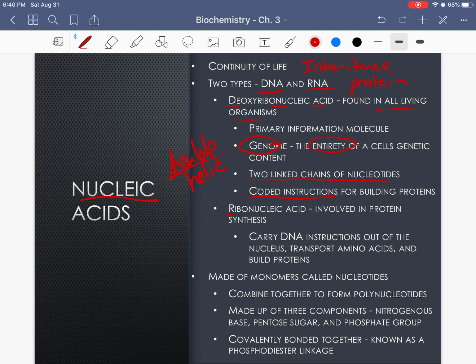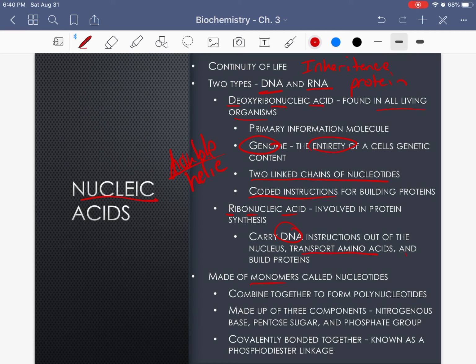Ribonucleic acid, RNA, is specifically involved in that protein instruction. It carries the information from the DNA out of the nucleus, transports it to the ribosomes, where it brings in amino acids and builds proteins.